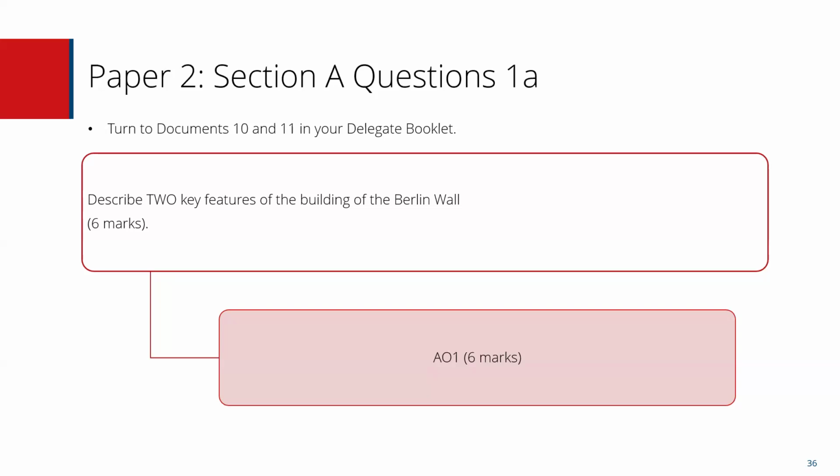To get into level 3, okay, they've got 2 features. You need to be telling your candidates to provide enough information. They don't need to be writing loads, it's a 6 marker, but are they giving enough information to support what they're saying, or is it limited? This question is looking for good knowledge and understanding. For level 3, they could have a level 3 feature and a level 1 feature and still get 5 marks.